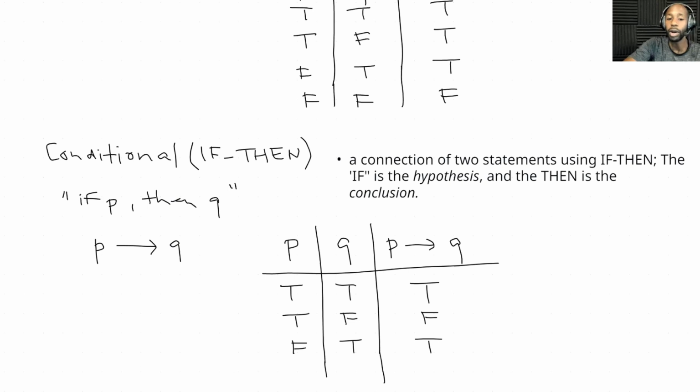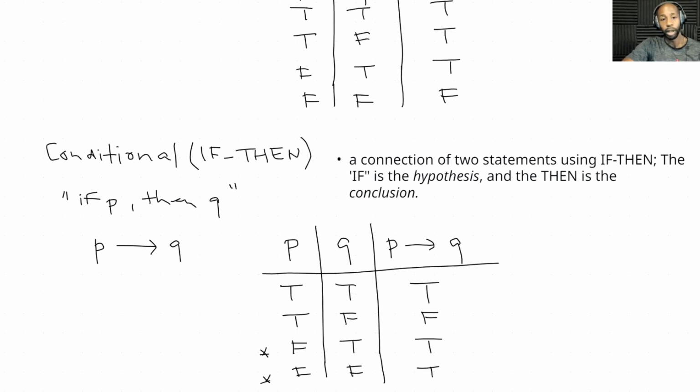So likewise, if P is false and Q is false, think about that. Again, if P then Q, if this happens, this happens. So if this doesn't happen, this still could happen or it could not happen. It could be either. So that's why this if-then and this if-then are true.